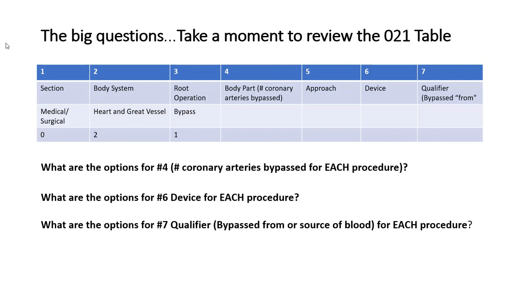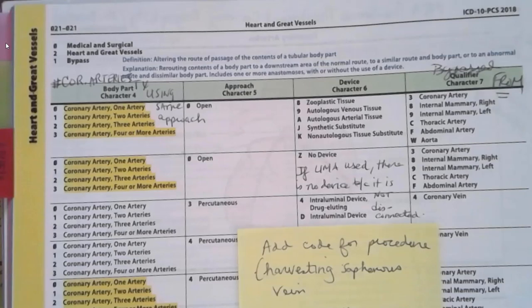That's the number of coronary arteries bypassed for each procedure. What are the options for character number 6, the device for each procedure? And what are the options for number 7 qualifier, which is bypassed from or the source of the blood for each procedure? Those are the 3 things we're going to be looking for when we read our operative report.